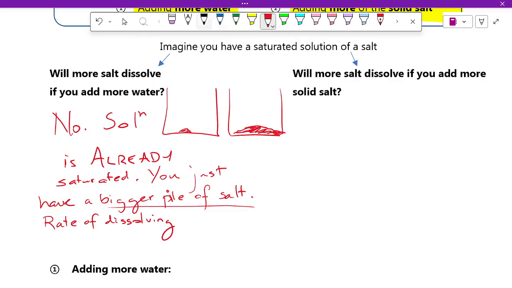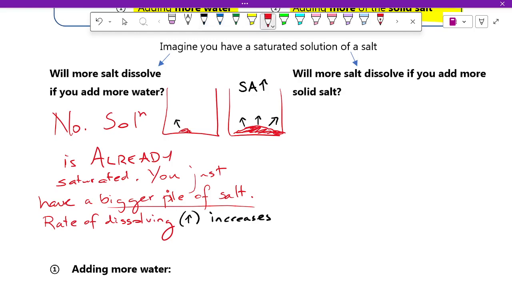Surface area is increased. So the rate of dissolving increases.